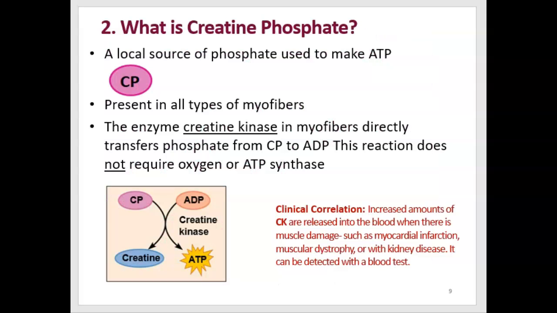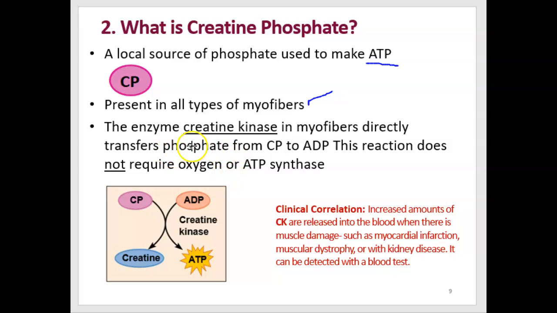Okay, secondly, let's look a little bit at creatine phosphate. This is a local source of phosphate that can be used to make ATP. And it's present in all the myofiber types.